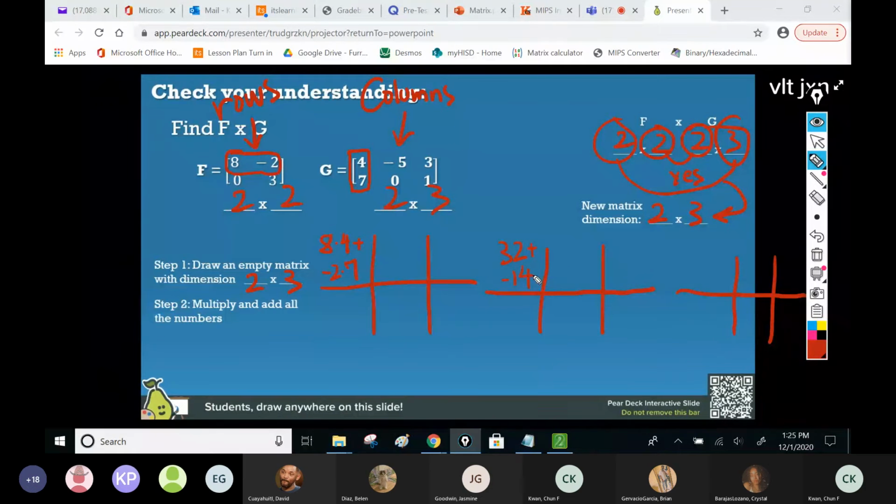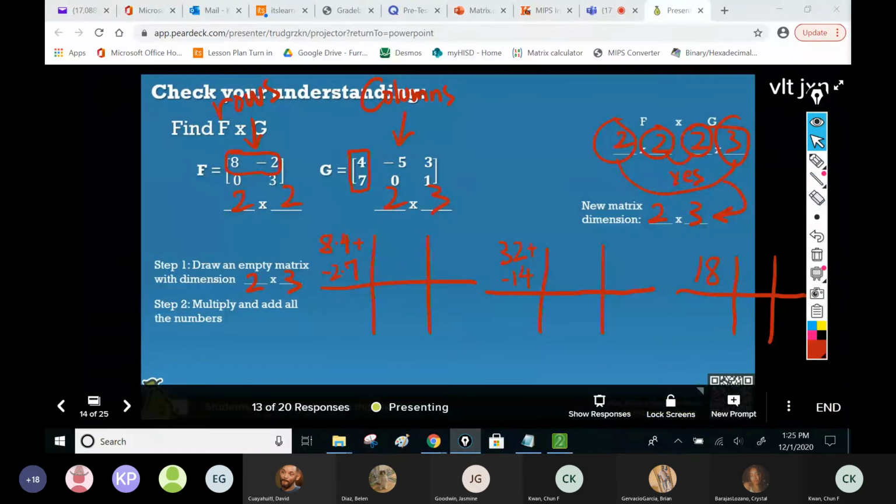And then come together, 32 minus 14. That's going to be 18. So that's the upper left box.